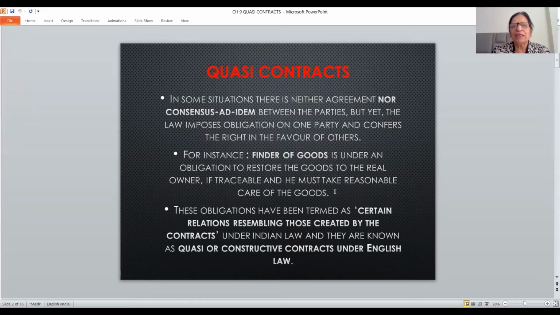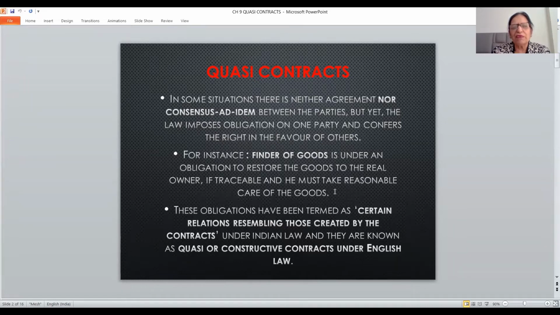So you all know, friends, that agreement is a sum total of offer plus acceptance, and contract is equal to agreement plus enforceability. But there are certain cases where we find there is no offer, there is no acceptance. Still, there are certain obligations which are thrown by the law on one person, and certain rights which are provided to the other person.